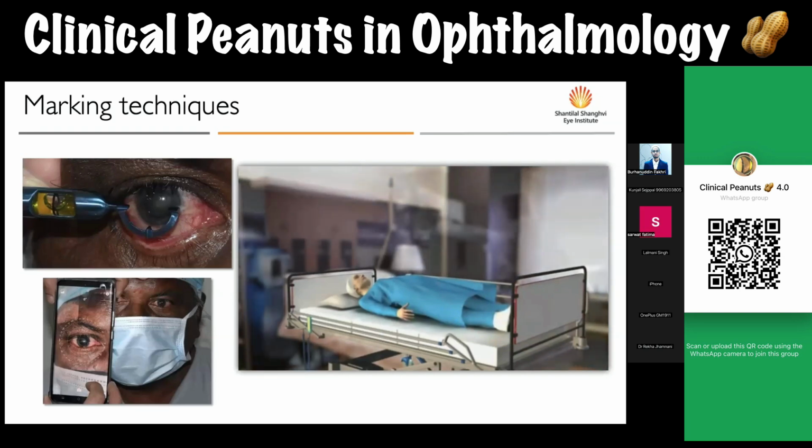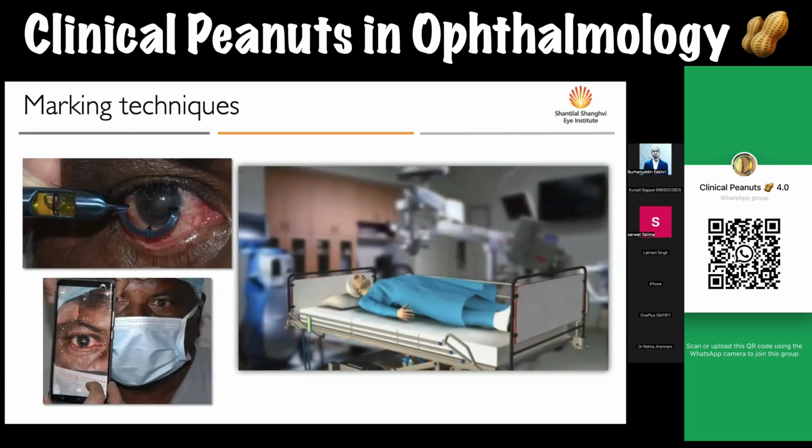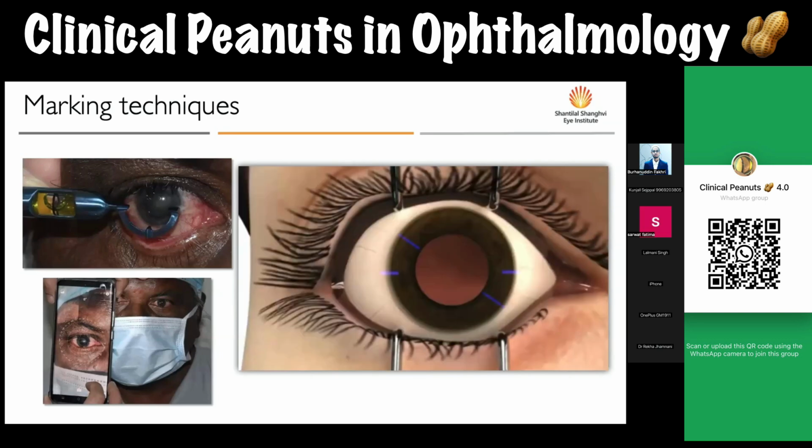After placing these marks, patient is taken into operating room. Here, the surgeon places axis marks on the cornea, taking reference of 0 to 180 degree marks.